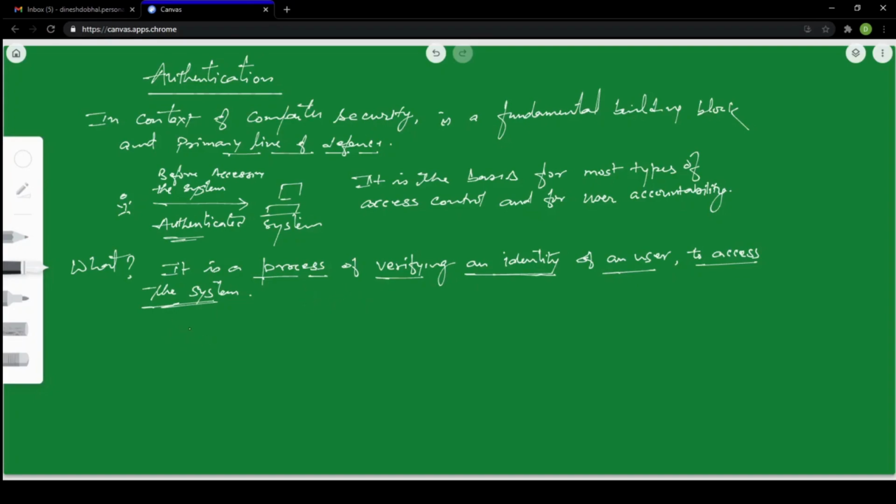The process of authentication consists of two fundamental steps. The first step is the identification step, whereas the second step is the verification step.